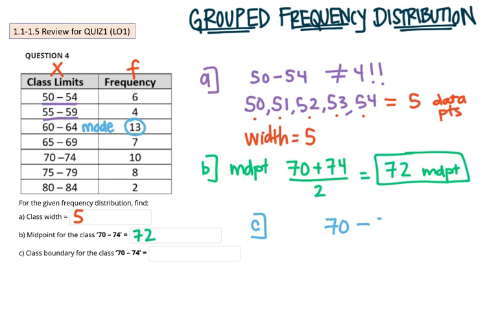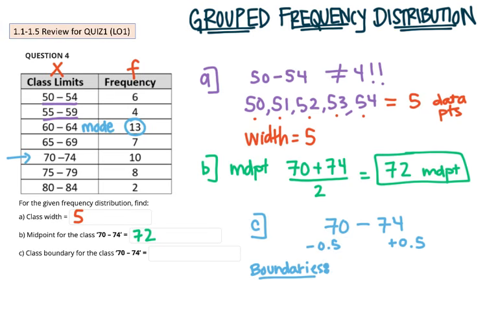So when you have just whole numbers and we want a boundary, basically what you do, for example, the number 7, the class 70 to 74. If I weighed 69.9, I would still be in that class. So what you have to do is subtract 0.5 on the left endpoint and add 0.5 on the right endpoint. And then you get the boundaries. Basically, they will include every single endpoint, every single decimal continuous value.